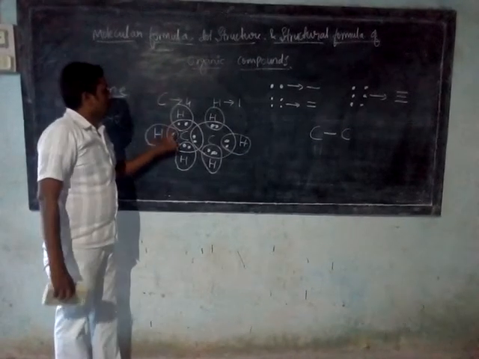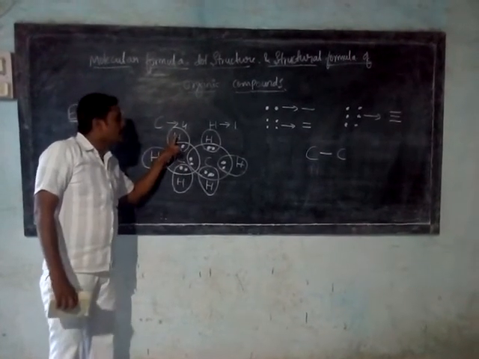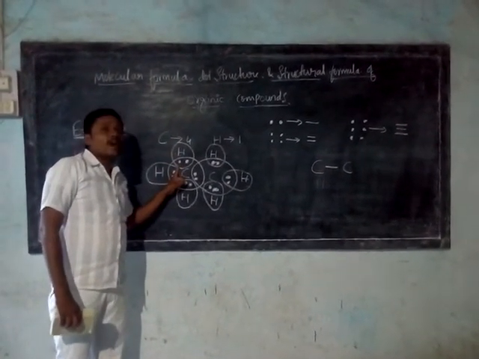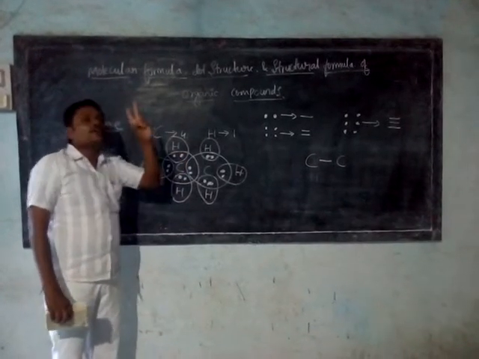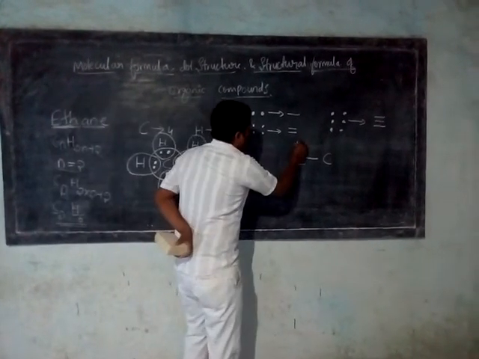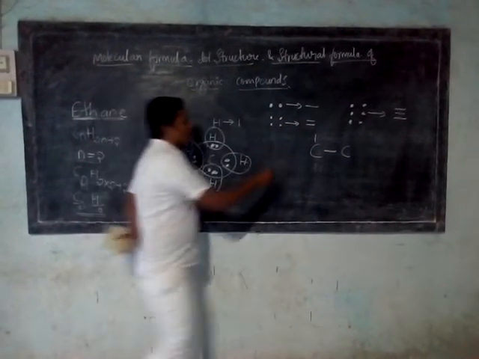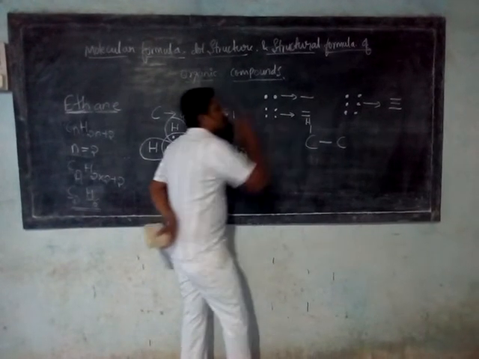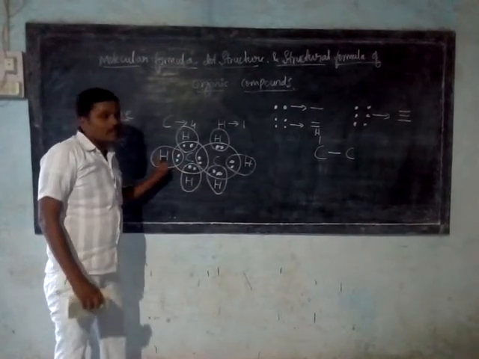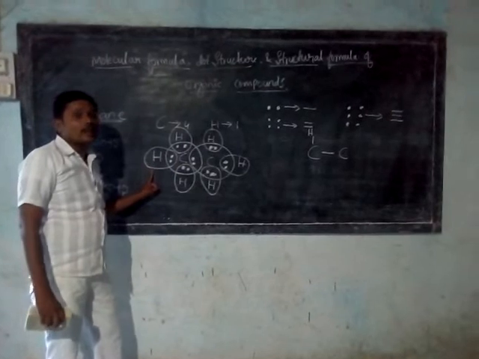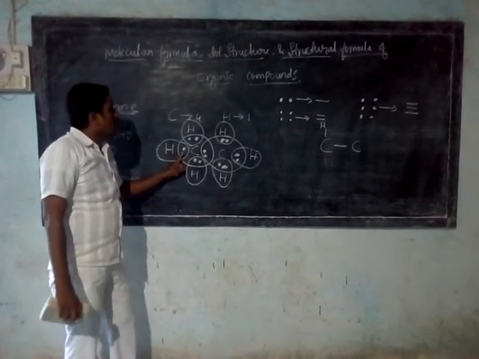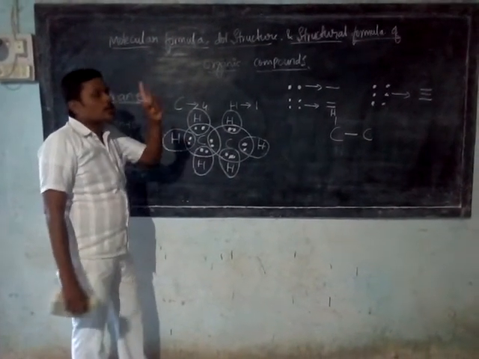Next, from the carbon to the upper side hydrogen, how many electrons, how many dots are there? 2 dots. Here also on the upper side I will write the hydrogen. Next, on this side also, how many hydrogens are there? Only one hydrogen, and 2 dots.